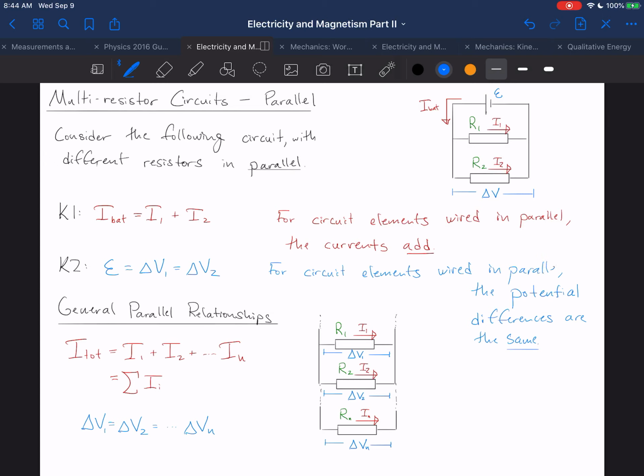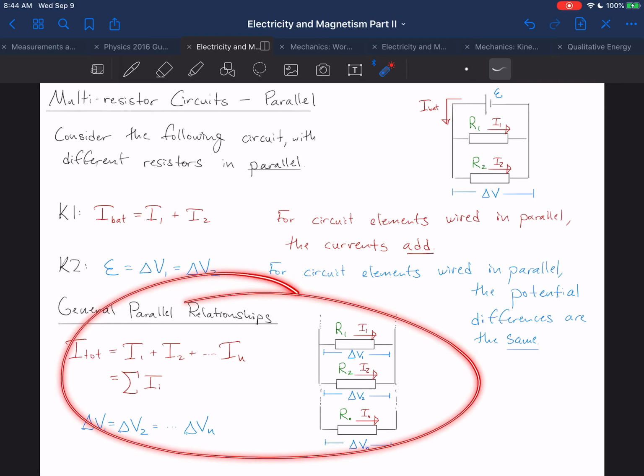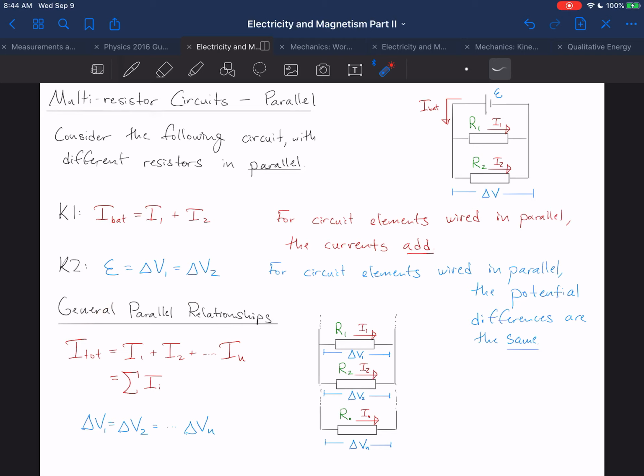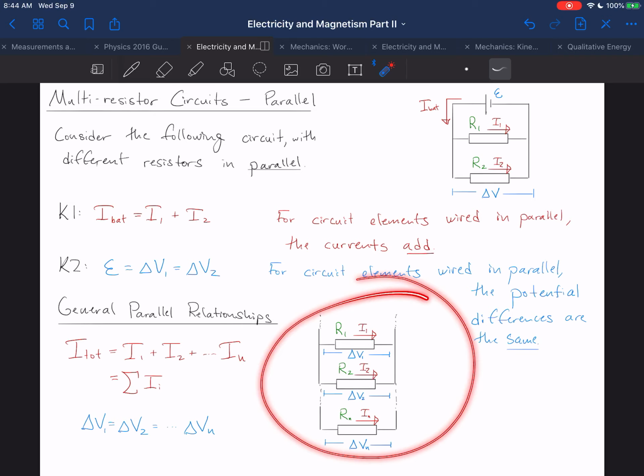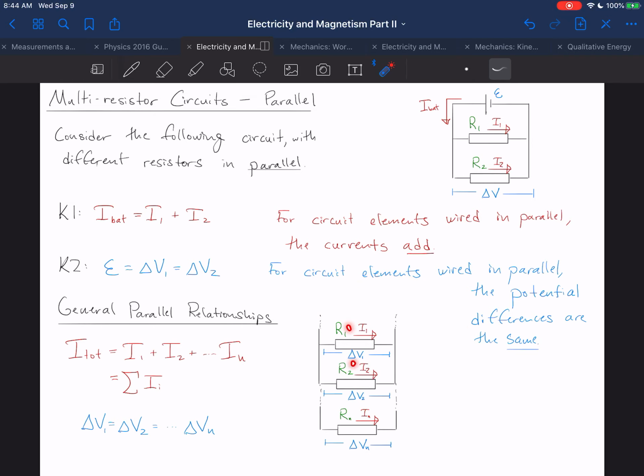All right. Then we're going to look at the general parallel relationships. In general, for currents in parallel, the total current is equal to the sum of the currents through each of the branches of the parallel circuit. This is just an arbitrary number of resistances, R1, R2, ... Rn in parallel.